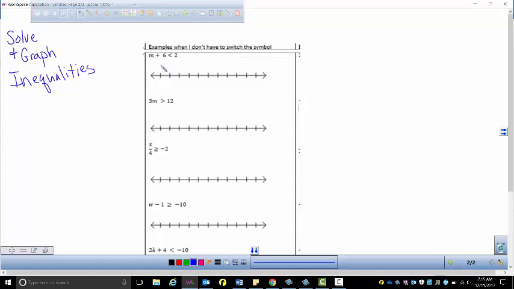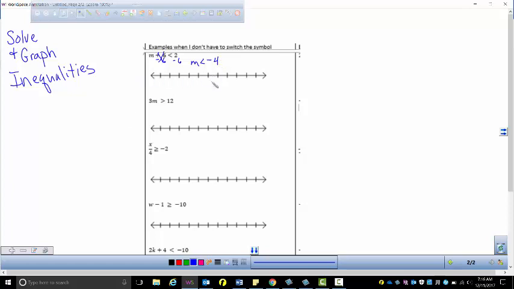So our first inequality says m plus 6 is less than 2. So the first thing we do is solve just like we did before. The opposite of plus is minus 6. So these cancel. And then I have m, and I copy my symbol, less than 2 minus 6 is a negative 4.